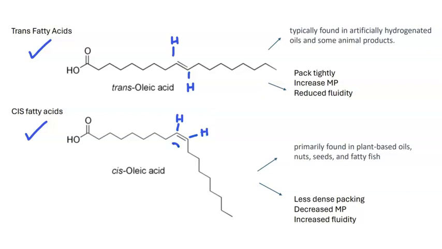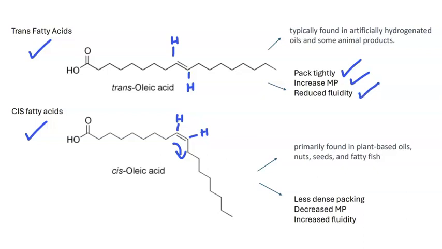Notice this causes a tremendous bending in the structure of the fatty acid. Now the consequence of this is that with trans fatty acids, they can be tightly packed together, which is very much a feature of membranes. The melting point is increased, and there is reduced fluidity.